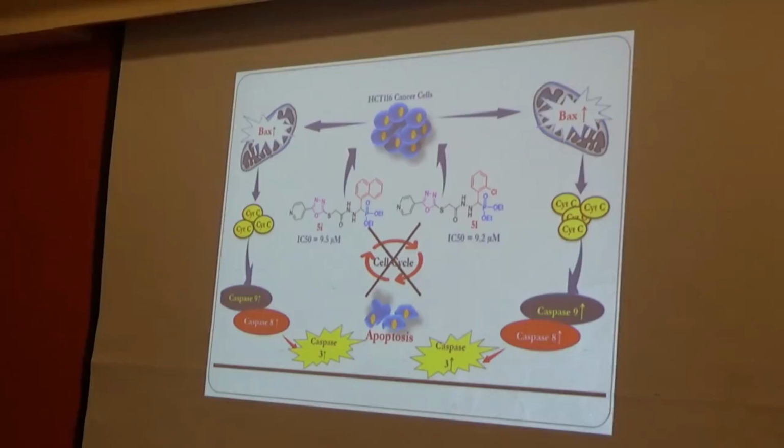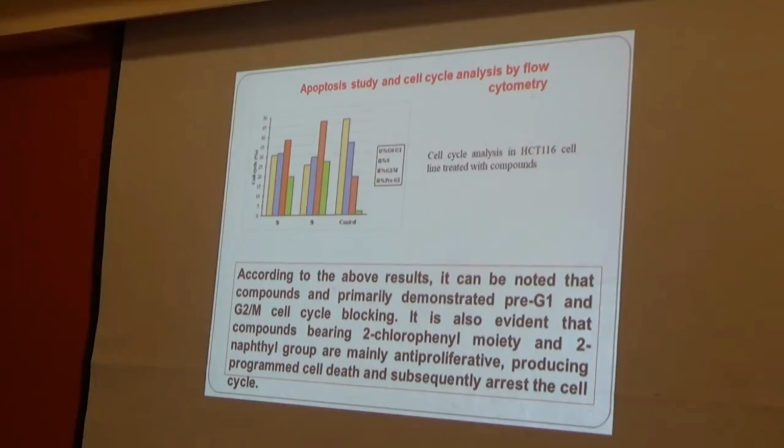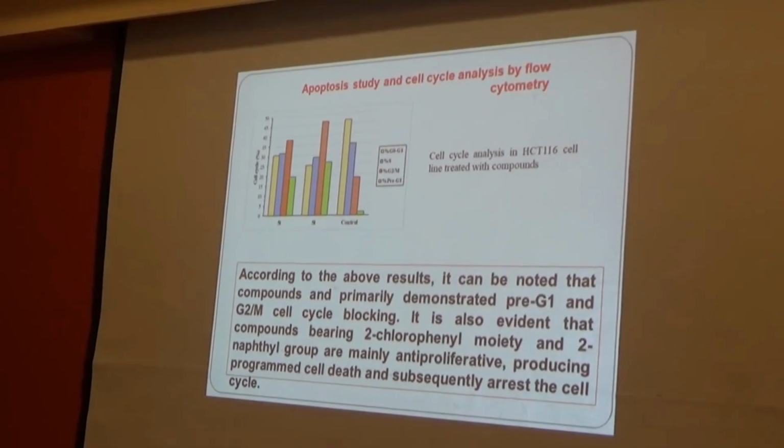Apoptosis is programmed cell death. Apoptosis study and cell cycle analysis by flow cytometry. According to the above results, it can be noted that our compounds demonstrate pre-G1 and G2/M cell cycle blocking. It is also evidence that compounds bearing the chlorophenyl moiety and naphthyl group are mainly apoptotic, producing programmed cell death.